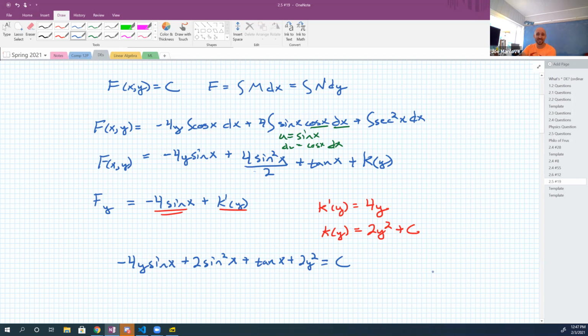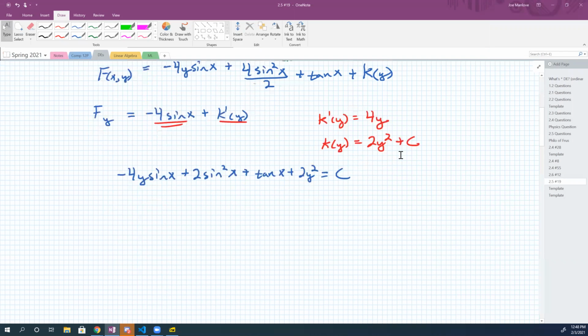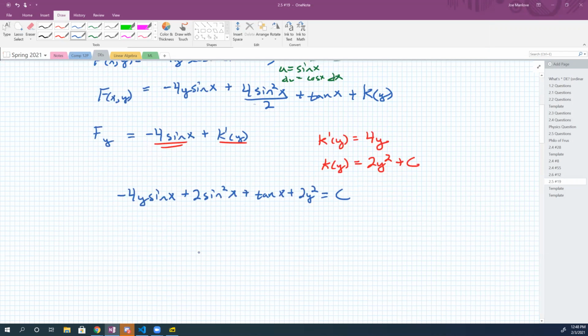I'm a little bit disinclined to do the following, but I was just curious to see if you got the same thing, and you did, minus a 2. So I'm going to guess it's the same thing, but honestly I have no idea how to convert this to an explicit solution. Like I said, I see a y squared and a term with no y in it at all.